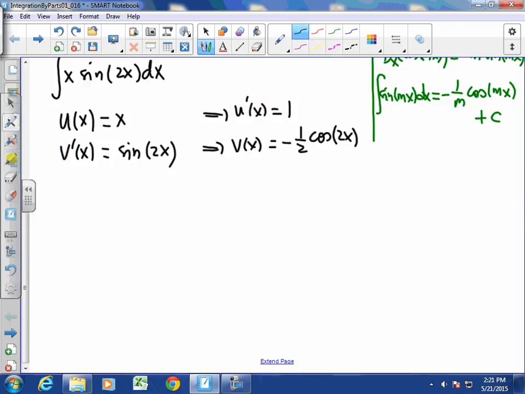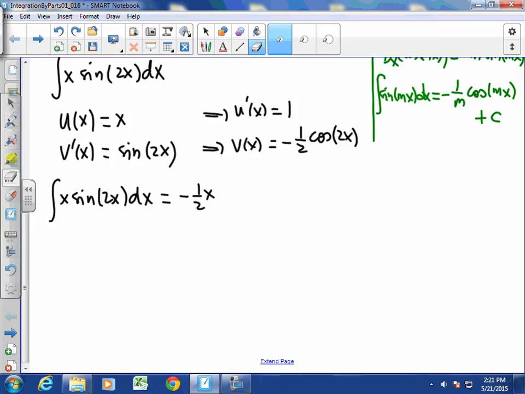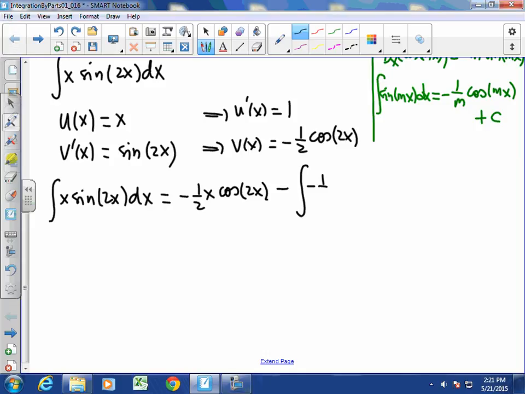It means that the integral we were given, the indefinite integral of x sine of 2x dx, is just u of x times v of x, I mean negative 1/2 x cosine of 2x, then minus the integral of v, negative 1/2 cosine of 2x, times u prime, times 1, times dx.